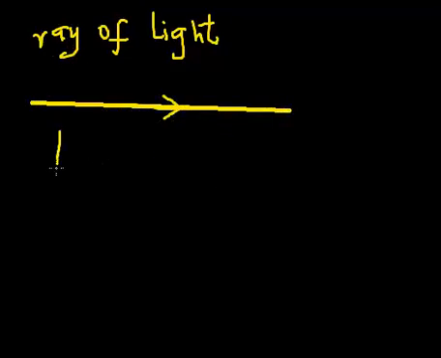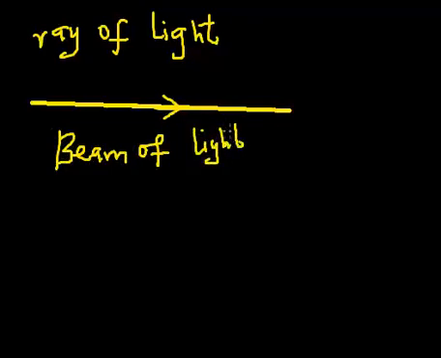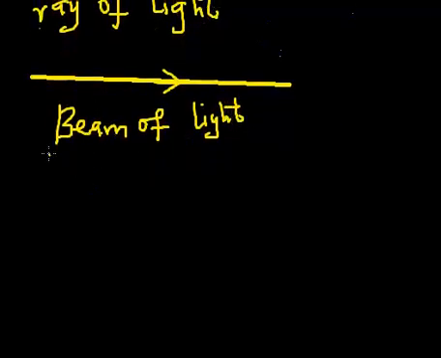Then we now have a beam of light. A beam of light is made up of two or more rays, and it is used to represent light from a very large source, for example a searchlight or a torch with a bigger surface area.